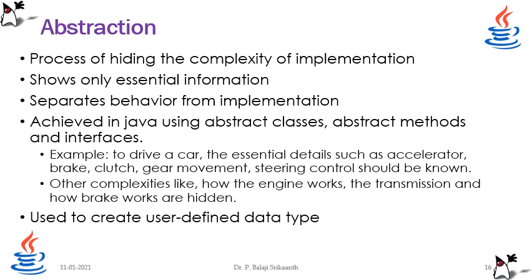Now let us take a real life example of this abstraction. In order to drive a car, the essential details such as the accelerator pedal, the brake as well as the clutch pedal, the gear movement and the steering control should be known to any driver.